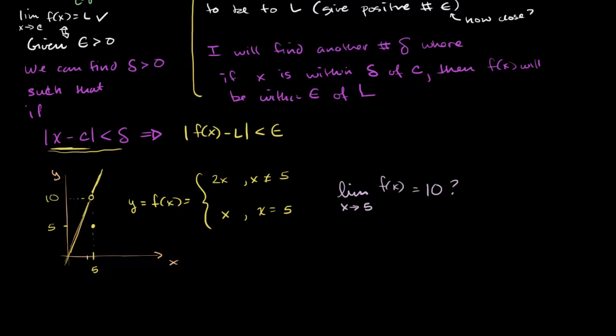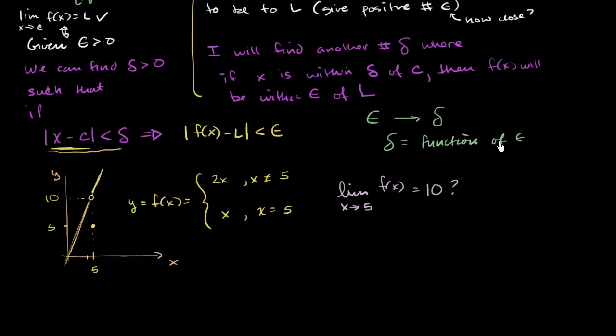And the way that most of these proofs typically go is we define delta in the abstract, and then we try to come up with a way that, given any epsilon, we can always come up with a delta. Or another way is we're going to try to describe our delta as a function of epsilon. So delta equals a function of epsilon that is defined for any positive epsilon.